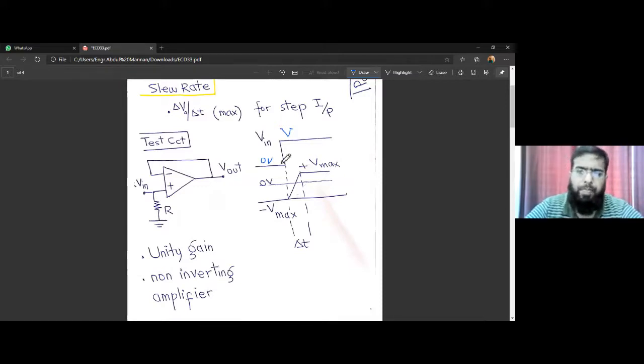It cannot follow this sudden change of input as quickly as it was at the input. So it will take some time to rise to Vmax. This was Vmax.